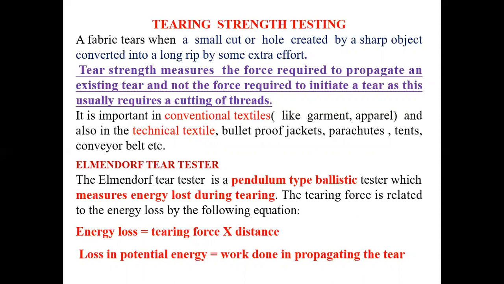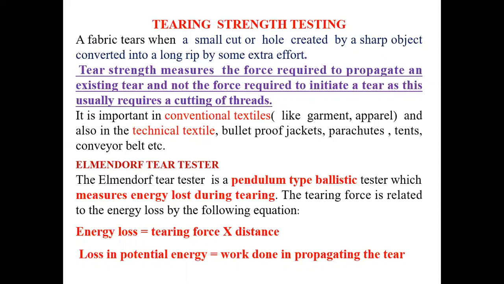Now, remember one thing, the tearing strength measures the force required to propagate an existing tear and not the force required to initiate the tear, as this usually requires cutting of the threads. That means tearing strength does not mean the amount of force that is required to tear the fabric, but the amount of force that is necessary to propagate the tear through a certain distance, right?